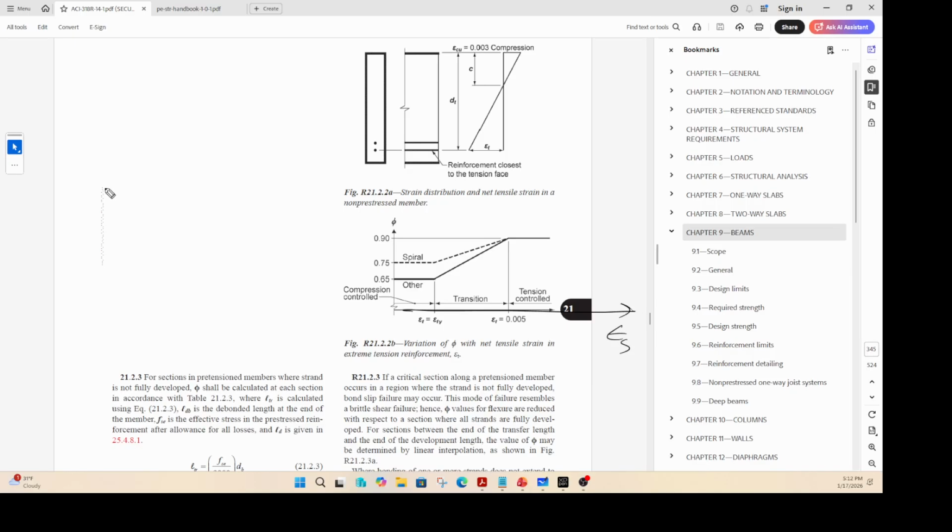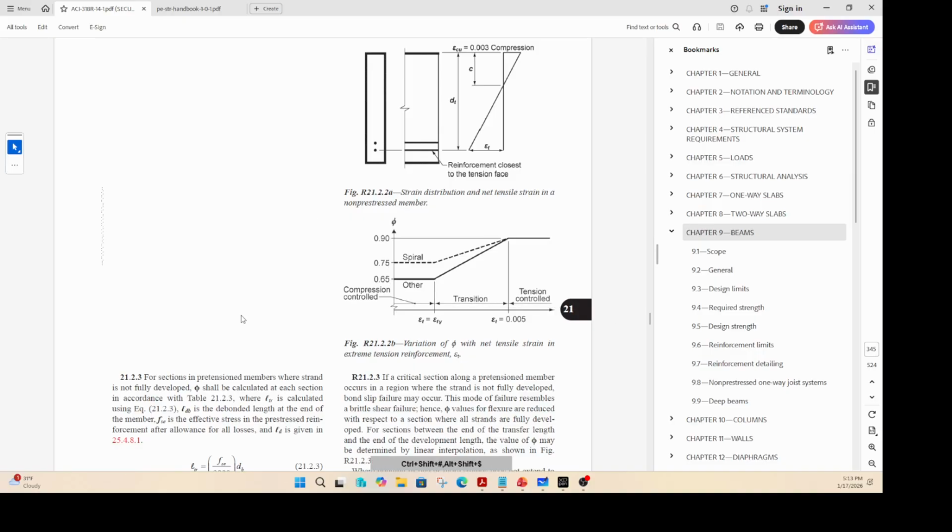That means, let's say you have a beam and you have reinforcement, and you are subjecting this beam to a UDL. The beam is trying to bend like that, correct? So there is tension at the bottom, compression at the top, and we are talking about the strain in the tension steel. So the x-axis is the strain in tension steel, and the y-axis is your actual phi factor.